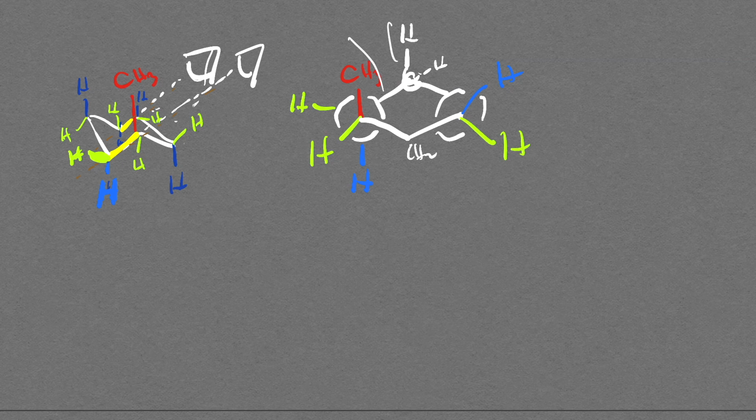How do you get out of going to a gauche configuration? You twist until you are in a full-on anti-configuration, all right? So if you want to twist yourself, you've got to do a ring flip. If something's in the axial position, then move it to the equatorial position.